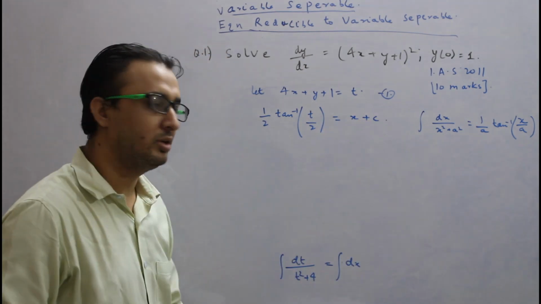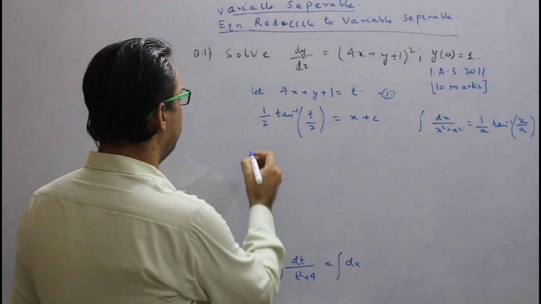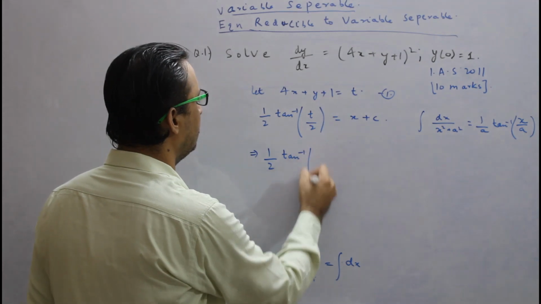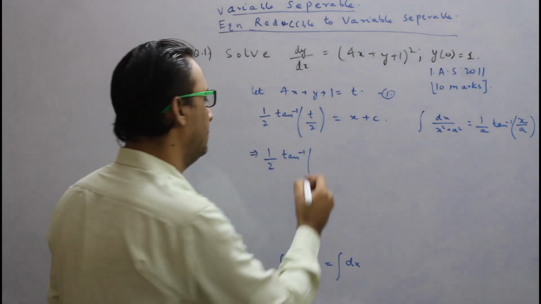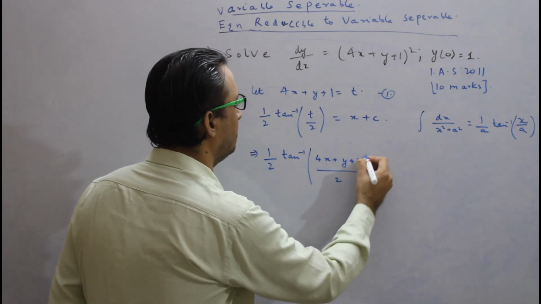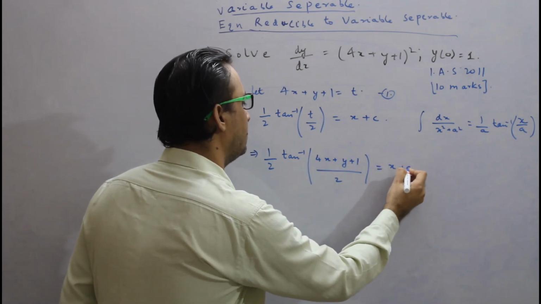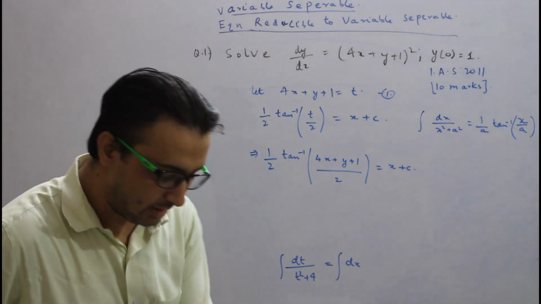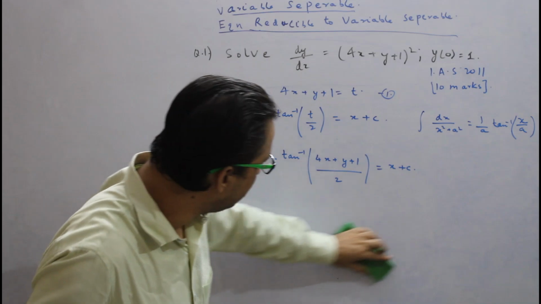We can add the constant to any of the sides. So we get half of tan inverse, in place of t we will put 4x plus y plus 1 divided by 2 is equal to x plus c. So we have got our general solution, but there are initial conditions also.